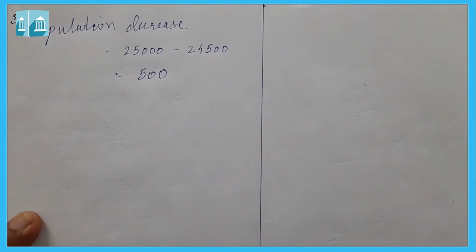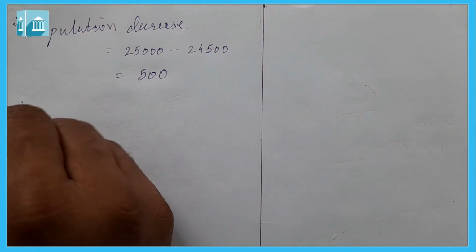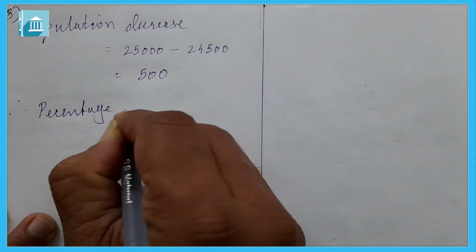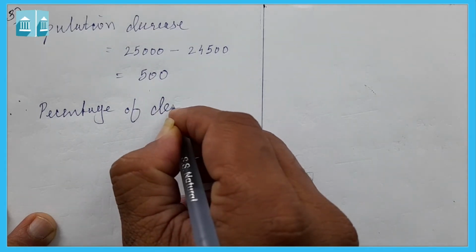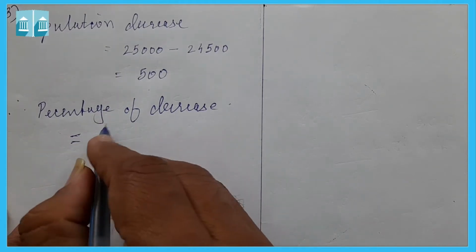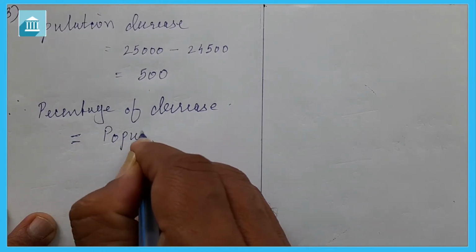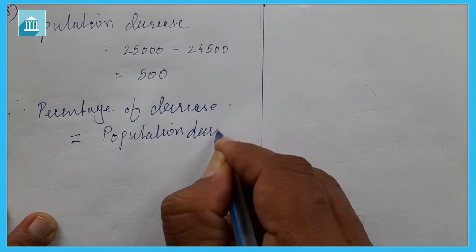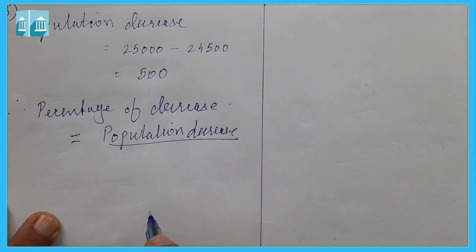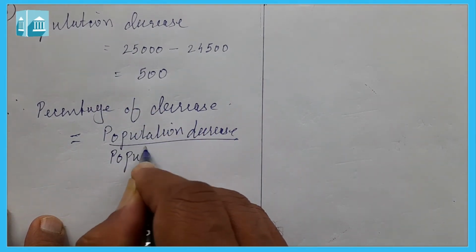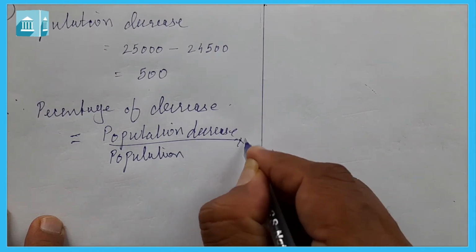Now we have to find the percentage of decrease. Therefore, percentage of decrease is equal to population decrease upon the total population that was there, multiplied by 100.